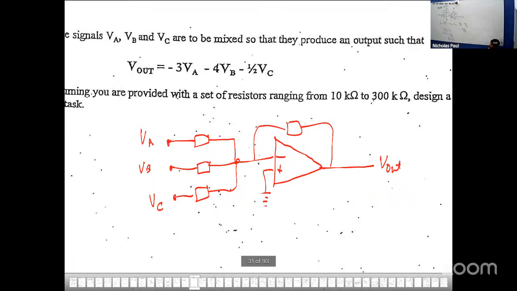Are you putting your values? It doesn't matter, once your values fall between 10 and 300. Hurry up.